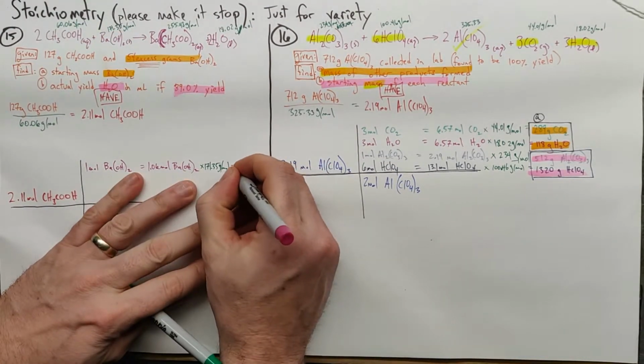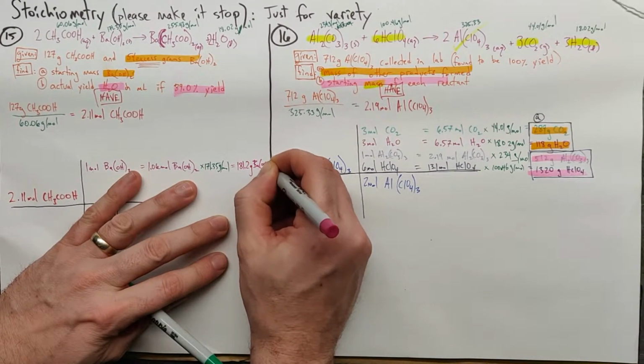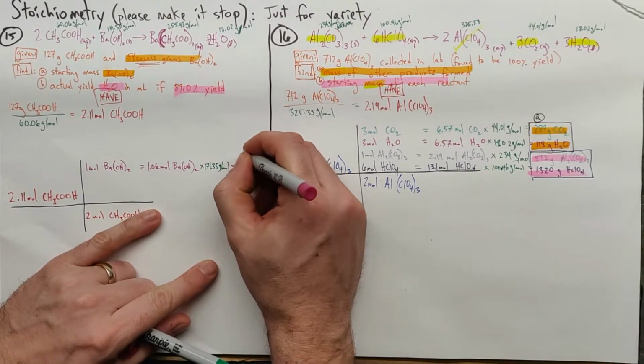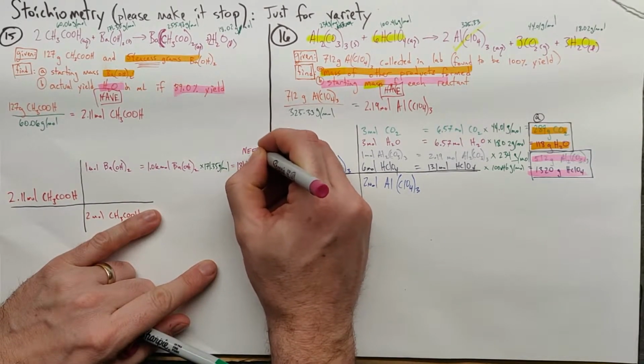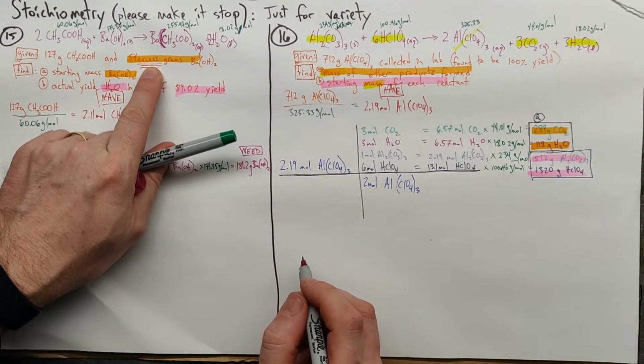So we have 181.2 grams of barium hydroxide. And that's what we need. And we have it. In fact, we have 54 grams above that.